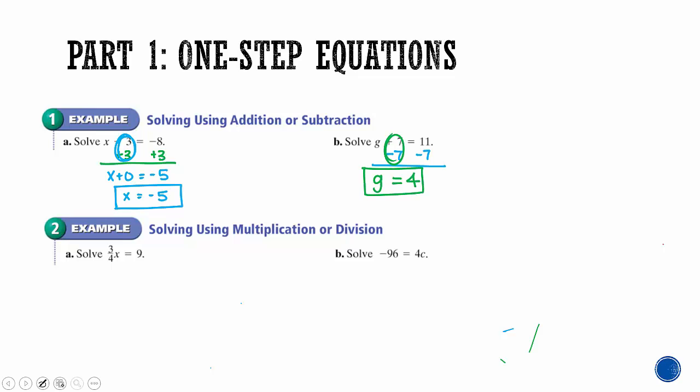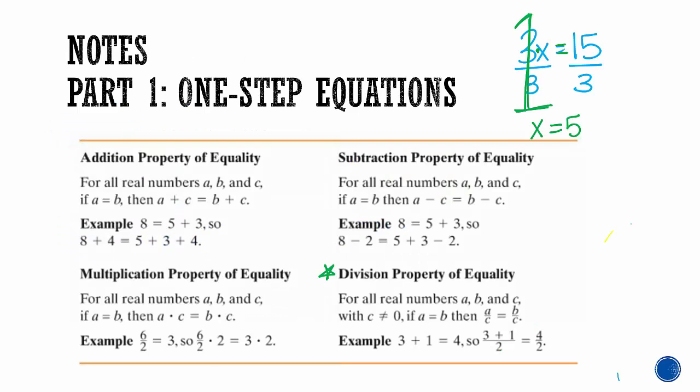Now the next one's a little harder because we technically have multiplication and division right here. This is 3 times x and then divided by 4. Or we can think of this as a giant fraction, and remember that in order to undo multiplication, we have to do the reciprocal. So back here in this problem here, to undo this multiplication of 3, we did the reciprocal, which was technically multiplying by 1/3, which we write as dividing by 3.